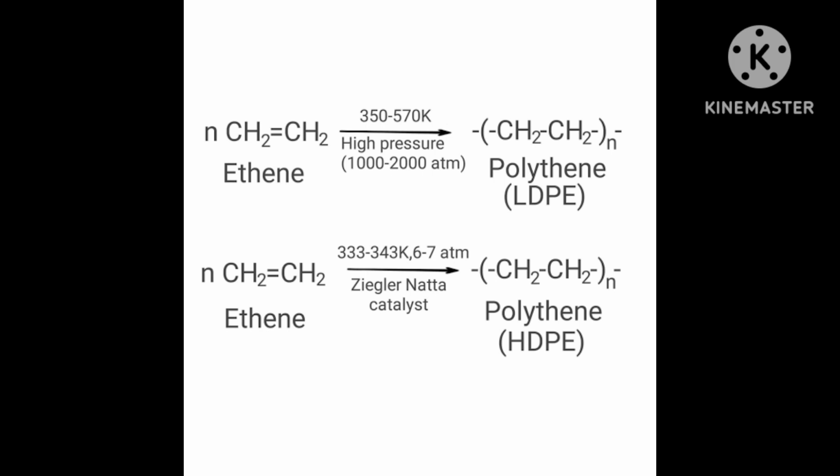Today I am going to discuss preparation of some important addition polymers. Last class I discussed the free radical mechanism. Now I am going to discuss preparation of some important addition polymers, in that, polythene.